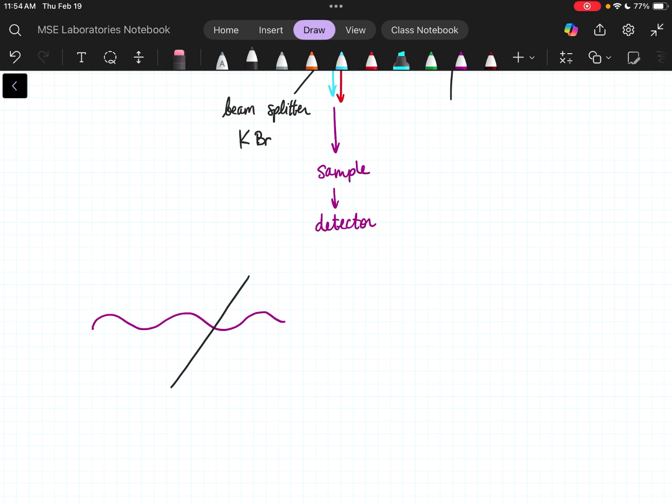And when light hits something, like a beam splitter, it's going to maintain its position in the wiggle. That is super non-scientific.